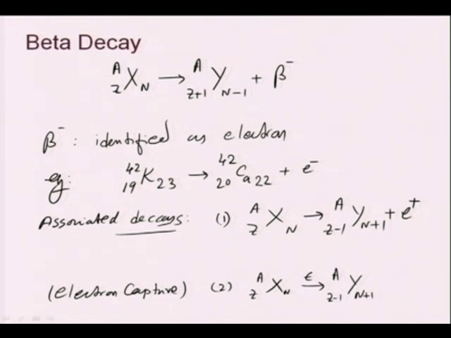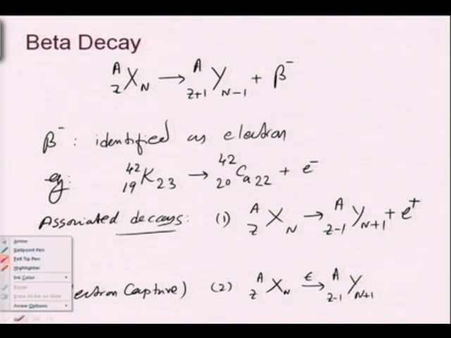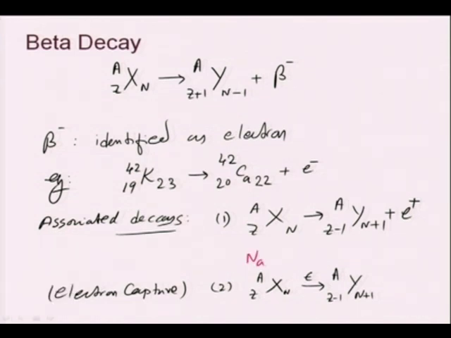So, an example of positron emission is, say, if you consider sodium with 11 protons and 11 neutrons, it undergoes positron emission to become neon with 10 protons and 12 neutrons along with emission of positron.